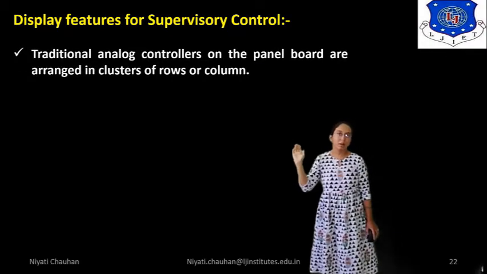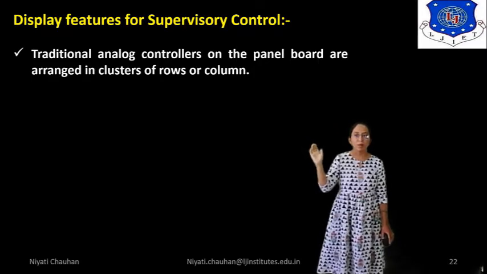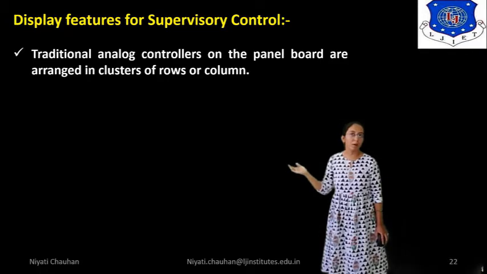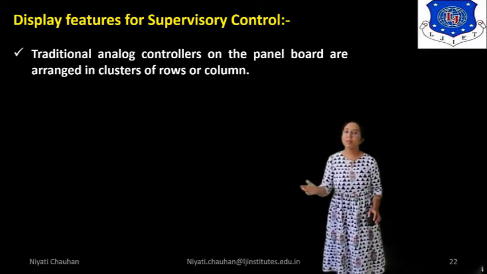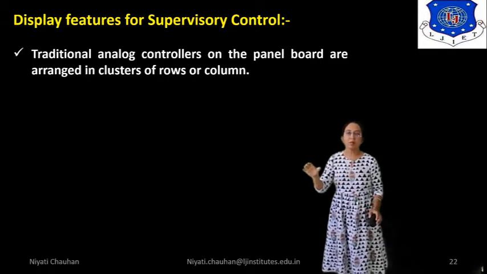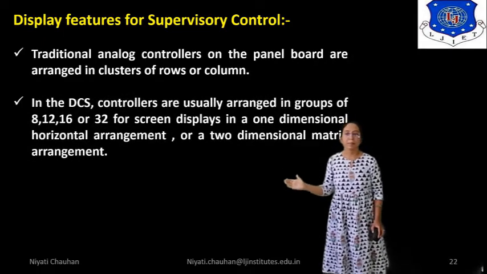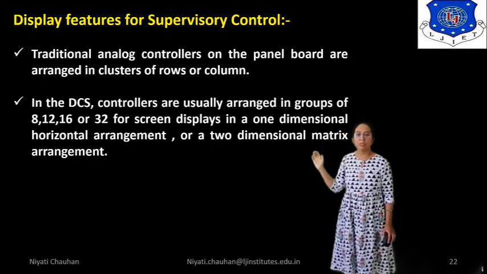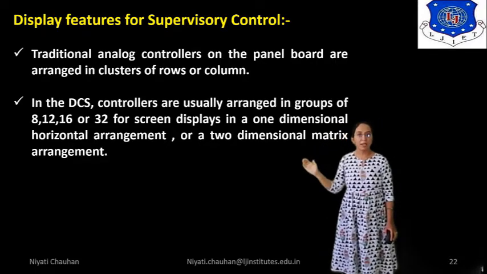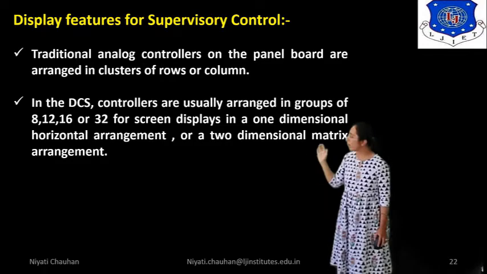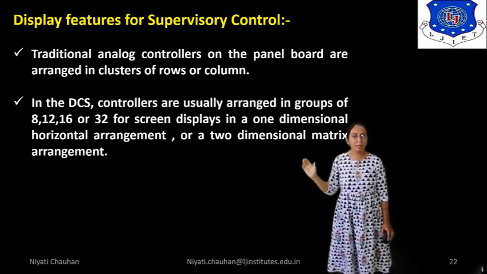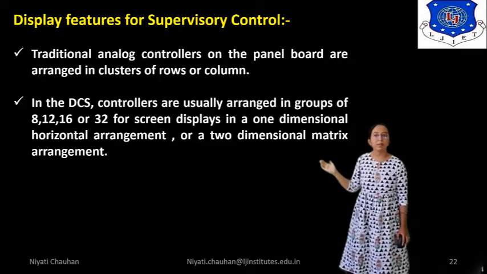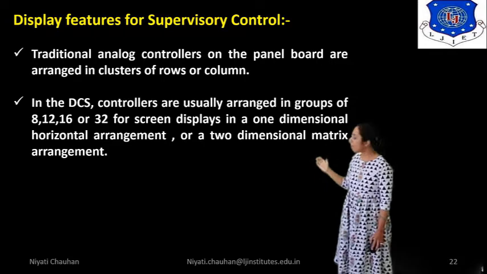Traditional analog controllers on the panel board are arranged in clusters of row or column. So here our meters are connected row-wise or column-wise. In the DCS, controllers are usually arranged in groups of 8, 12, 16 or 32 for screen displays in a one-dimensional horizontal arrangement or a two-dimensional matrix arrangement.